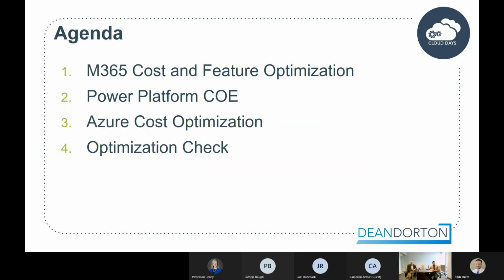These are tools to help us understand what's in that Power Platform mix inside an organization, to help with governing, controlling, and optimizing how that's being used. We'll look at a little bit of Azure cost optimization, really pointing you to the areas you can leverage to make the most out of Azure and get the benefit from it. And then number 4, we're going to give you some information about a free optimization check that Dean Dorton is doing for participants and people who watch the webinar downstream.